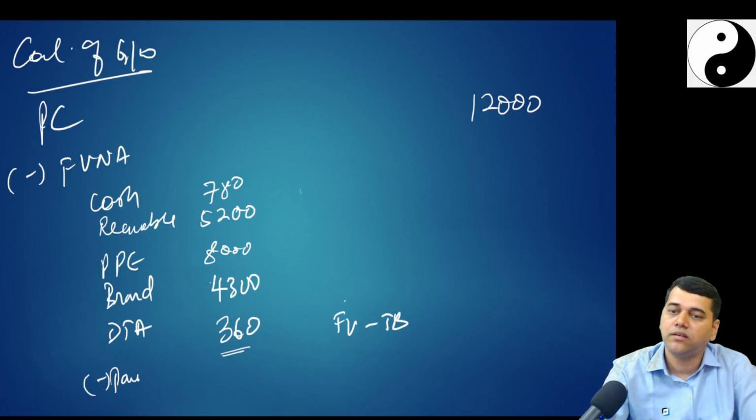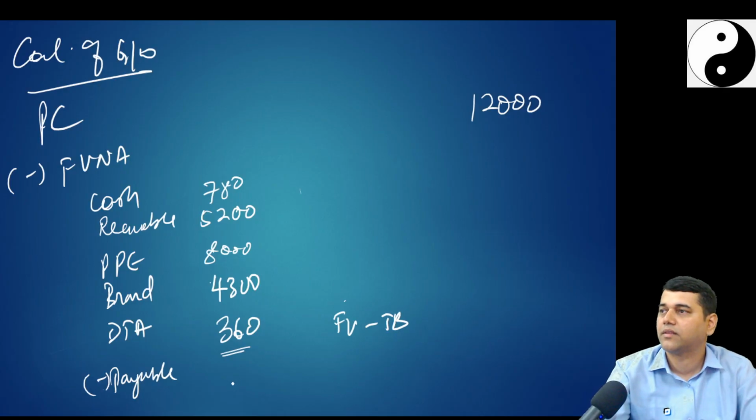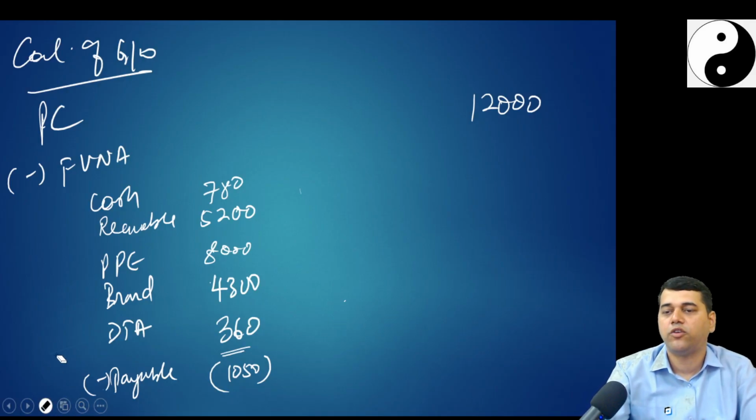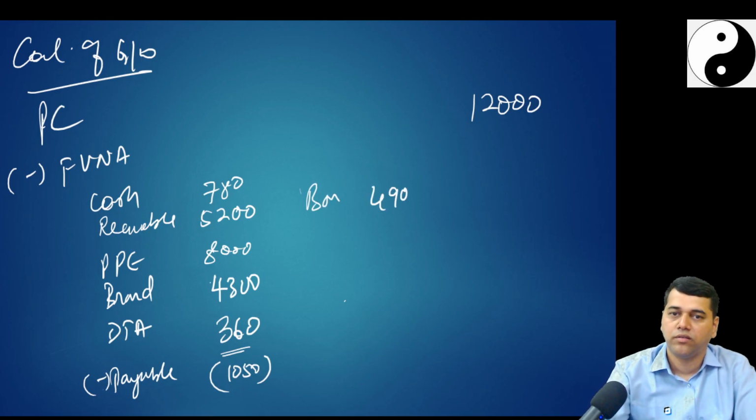Now do you have a liability? Minus payable, how much? Okay, I will write here. What other liabilities we have got? Borrowing, 4,900. But employee liability is not deductible, no?